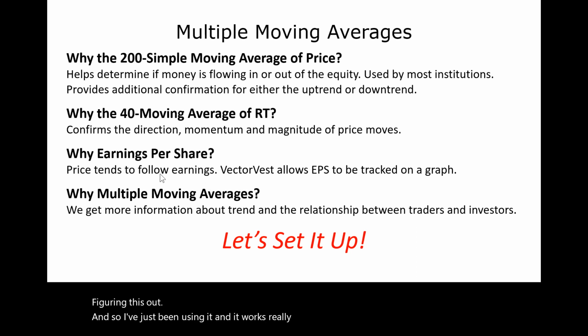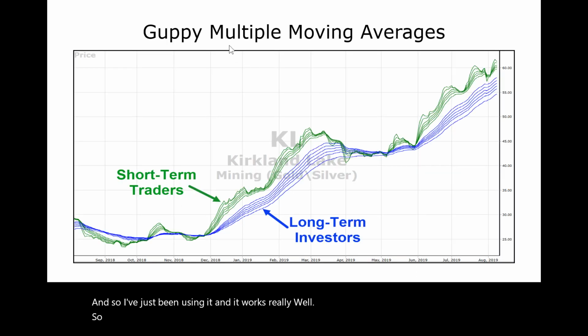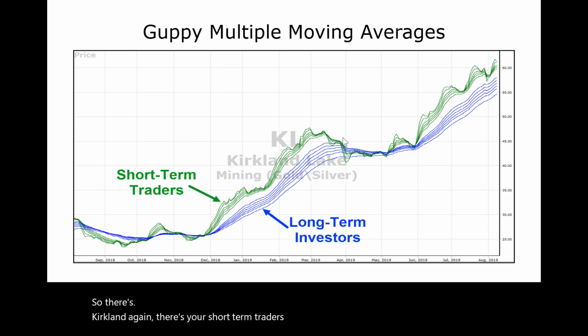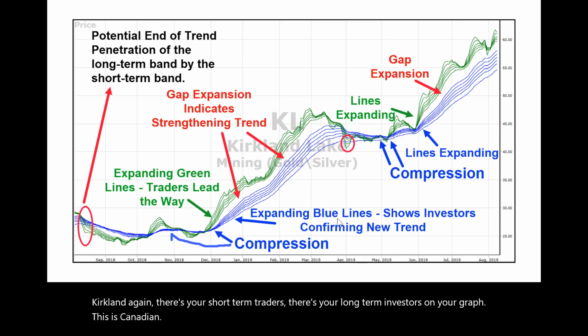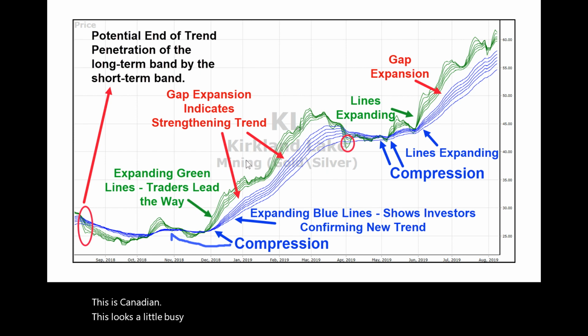So there's Kirkland again. There's your short-term traders. There's your long-term investors on a one-year graph. This is the Canadian. This looks a little busy here, but a few things I wanted to mention.